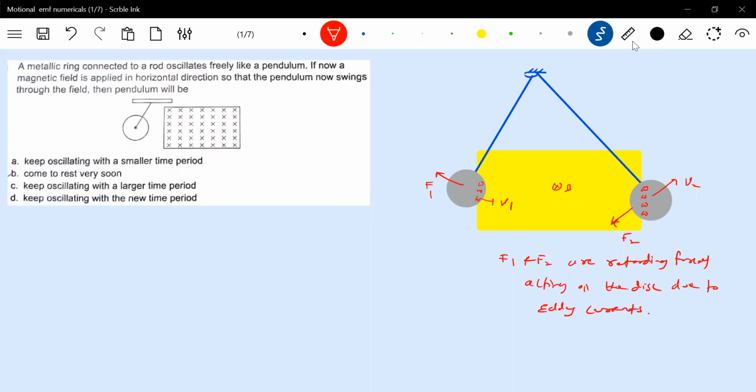So what do we expect now? Every time when the disk enters the magnetic field, it is going to experience eddy current. It will not experience any eddy current when it is fully inside the magnetic field. Let me write all the things.